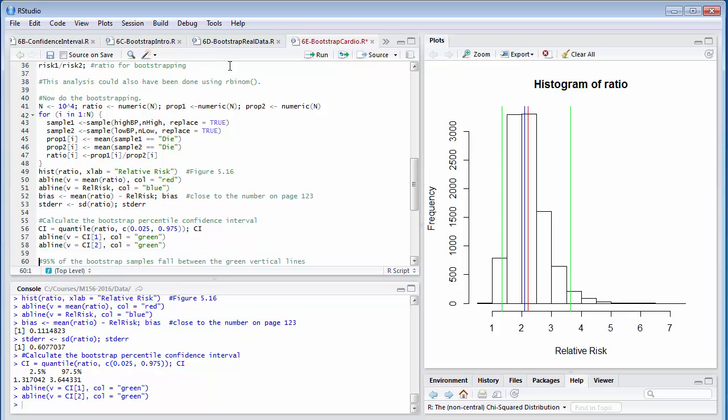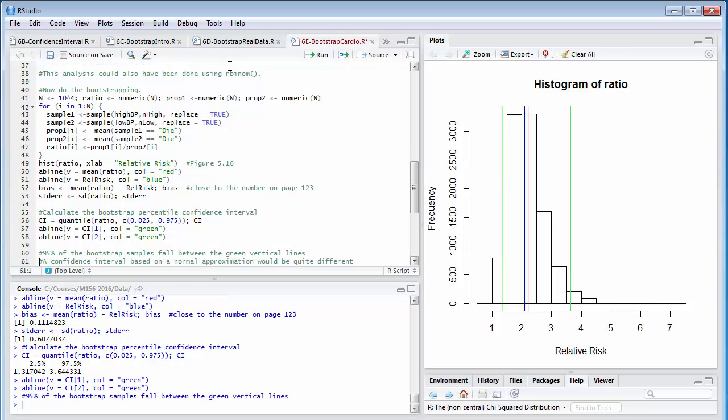We can mark those and say, look here, only 2.5% of the time did we get a relative risk that was to the left of that lower green line, and therefore the mean almost certainly is a number that's significantly greater than 1. That is, we tried simulating this by bootstrapping, and 95% of the time we were in between the green lines, and that's where the true ratio is going to lie.